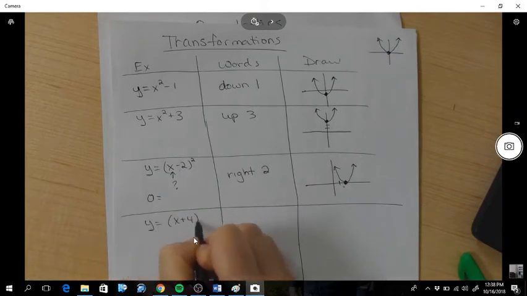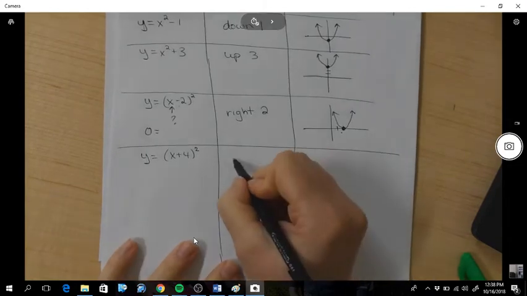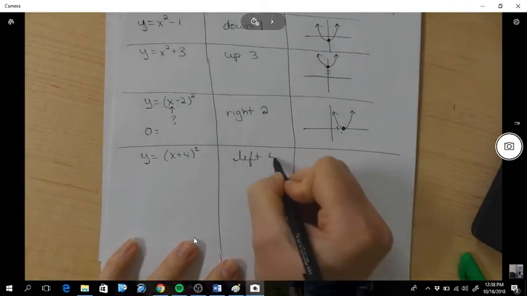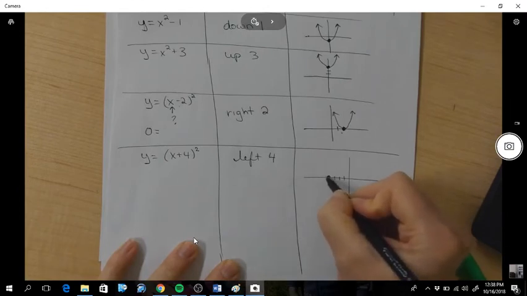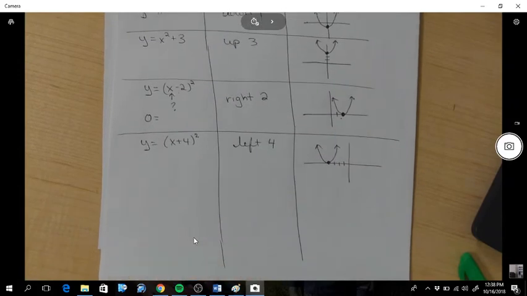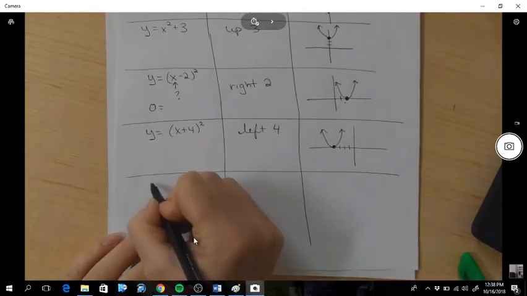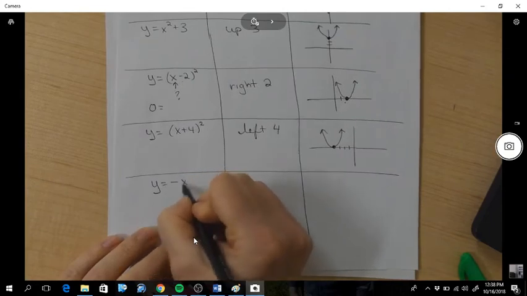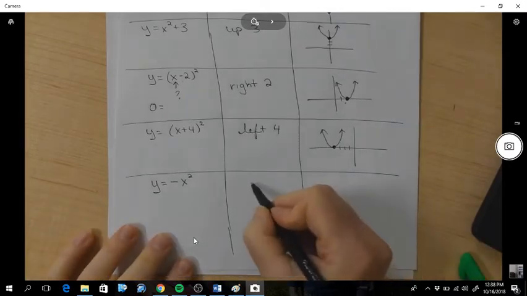So if I do this, x plus 4 squared, what do you think's happening? It's going to go left 4. So that's what it's going to look like now. Okay, what about if I do y equals negative x squared? So now it's going to flip down.